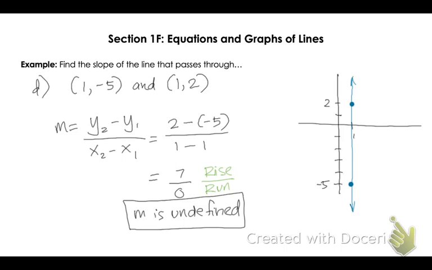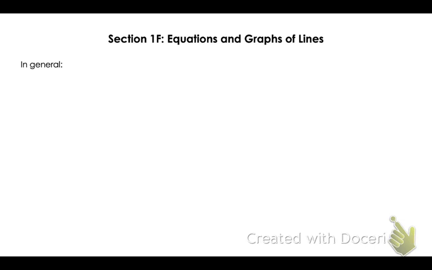So in general, what did we learn about slope? We found that if the slope was positive, then we had a line that rose left to right.